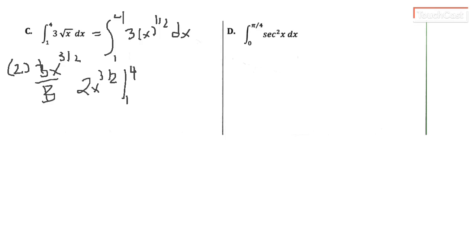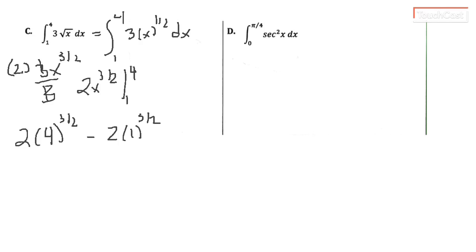So we're going to go 2 times 4 to the 3/2 minus 2 times 1 to the 3/2. Now remember, the 3/2 there just means we cube 4 and then take the square root, or we can do the square root and then cube it. I like that second method.